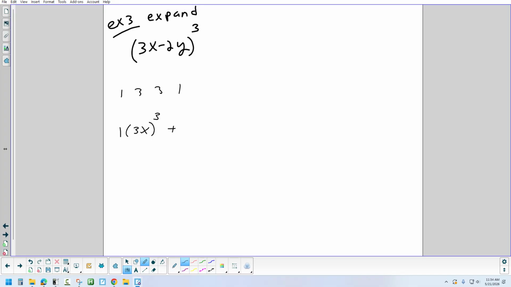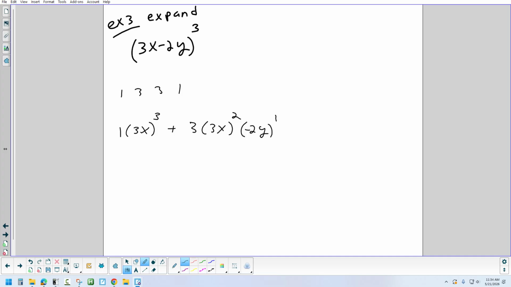Yep. 3 times 3x squared times negative 2y. So this is just a term. We don't want to create two terms here. You just want a single term. And what would be to the first? So times negative 2y to the first.